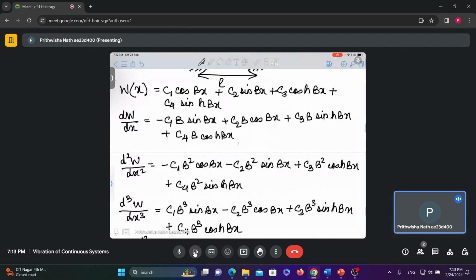From the second condition, we get this equation in terms of C2, C3 and C4, because we already know that C1 equals C3, so I replace C1 with C3.